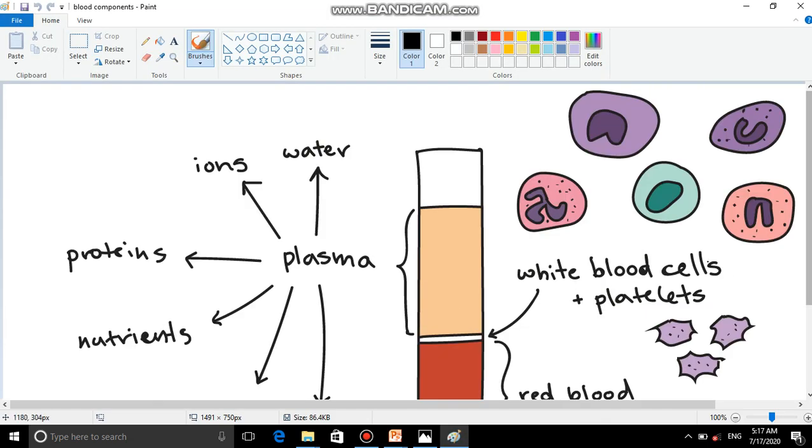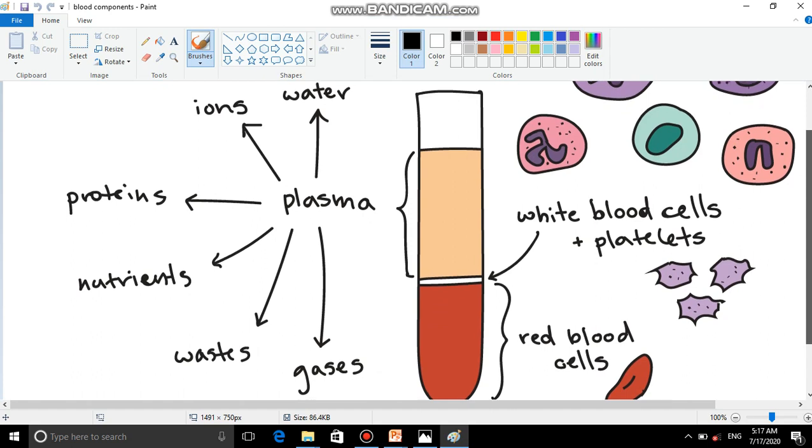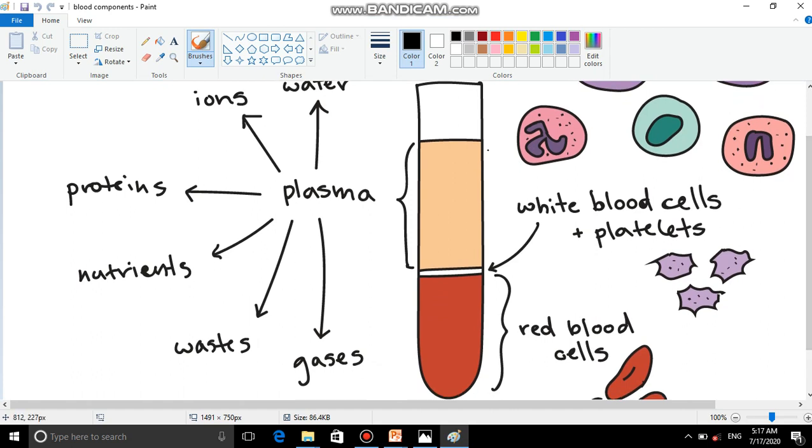Here you can see on your screen that blood basically consists of this part, plasma. This plasma is further made up of 90% water along with these components: different ions, proteins, nutrients, waste material and gases that are dissolved in it.